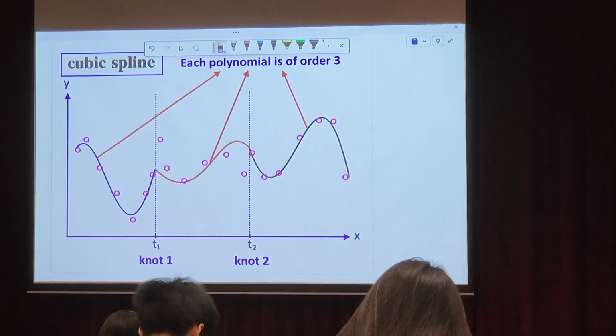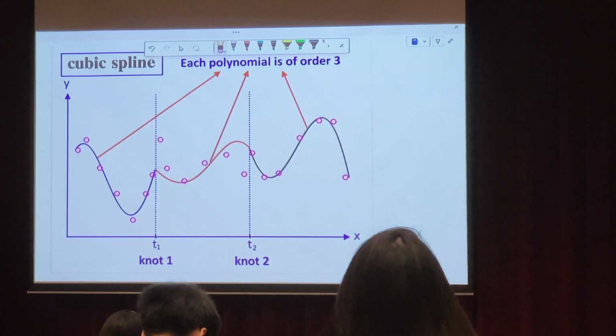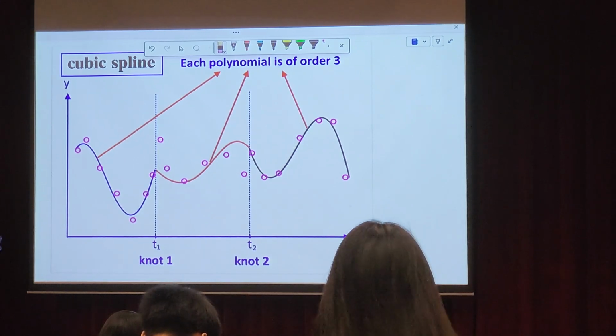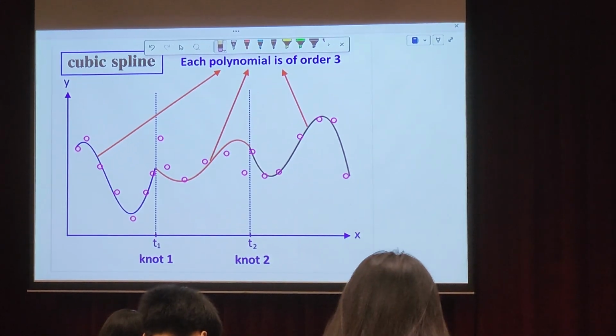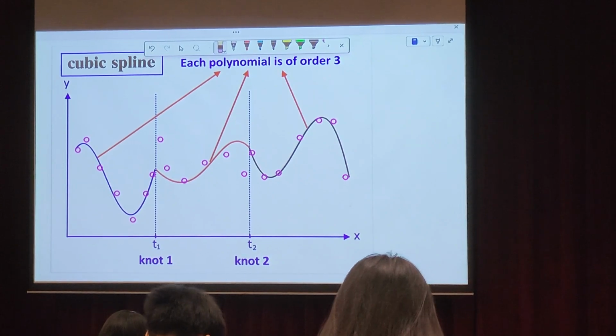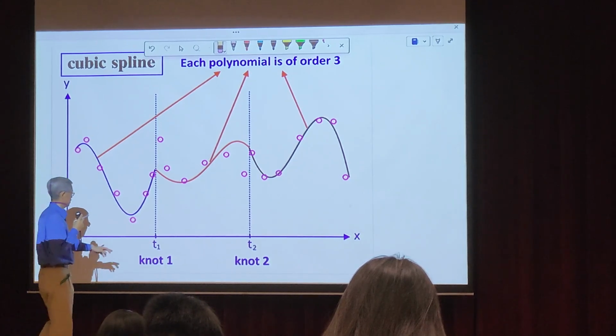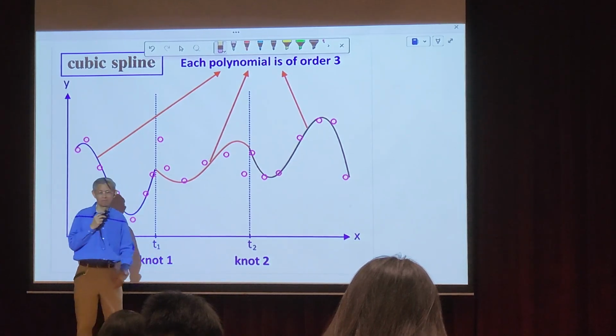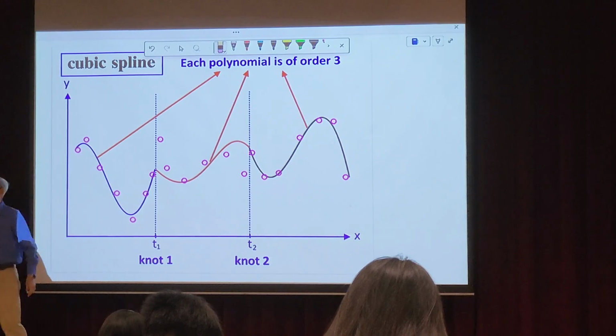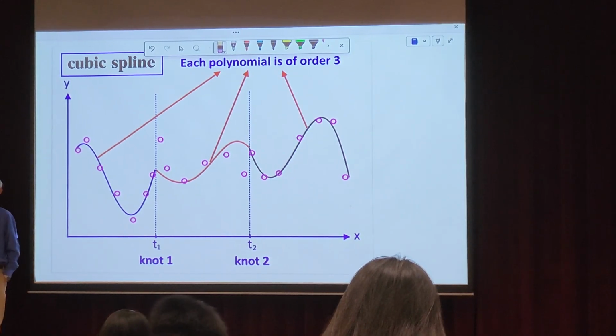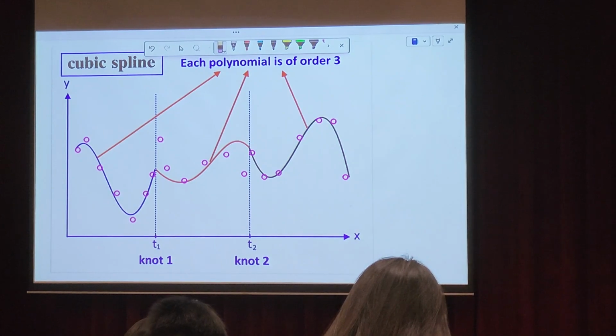I tell you, it's highly unlikely the 3 cubic polynomials that you fitted will be continuous at the 2 knots. Because they are done separately. Why should they be continuous at the 2 knots? So this naive approach is not going to work.